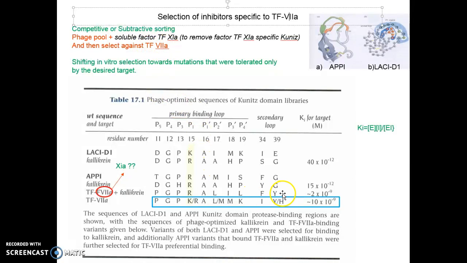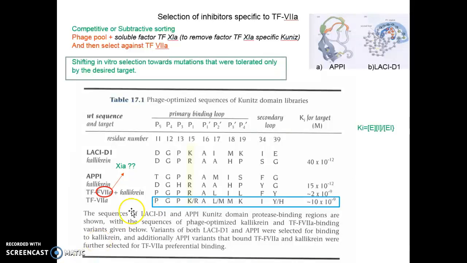The result, in the blue box, has nanomolar affinity. Although this shows affinity to factor 9A and kallikrein in a similar way, the subtractive sorting thus shifted in vitro selection towards mutations that were tolerated only by the desired targets.